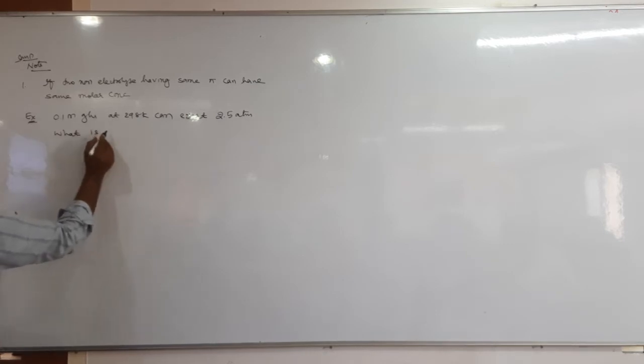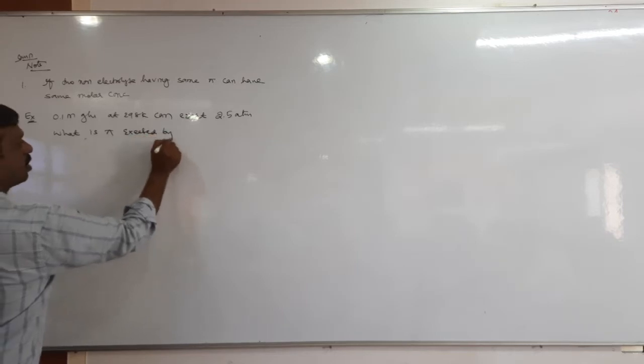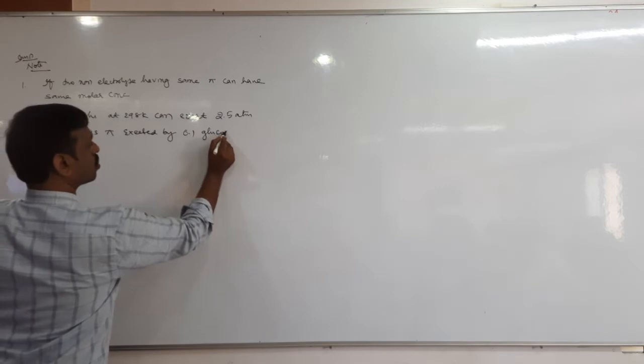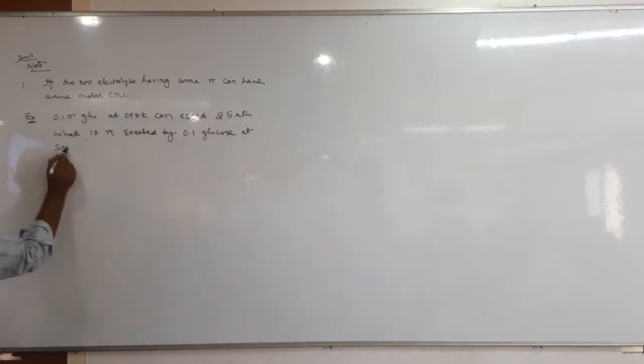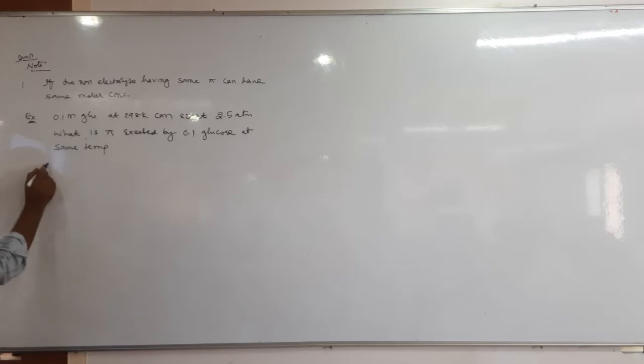What is the osmotic pressure exerted by 0.1 molar urea at the same temperature? Tell me, what is the answer? It is 2.5. Why?